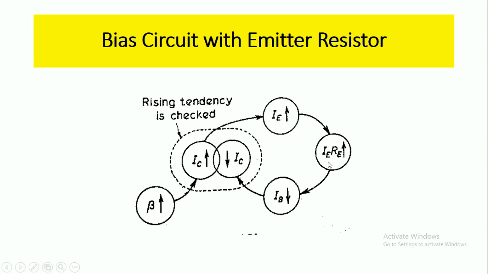The voltage drop across RE also increases, so when IE RE increases, the base current IB decreases. Then the collector current IC also decreases. Like this, the collector current IC is maintained constant even if the transistor is replaced by another transistor. But here it is not used.